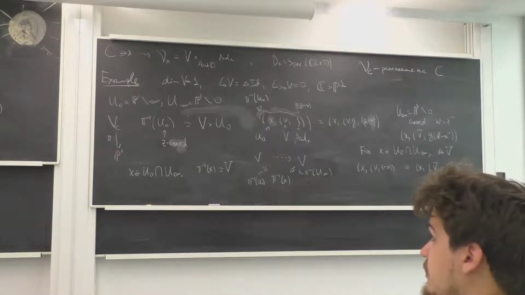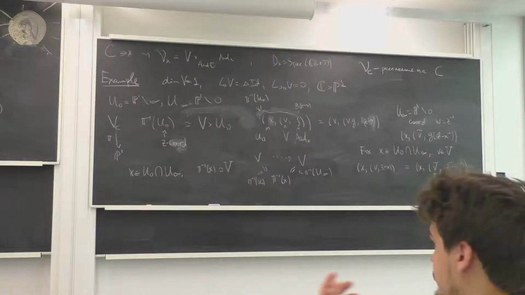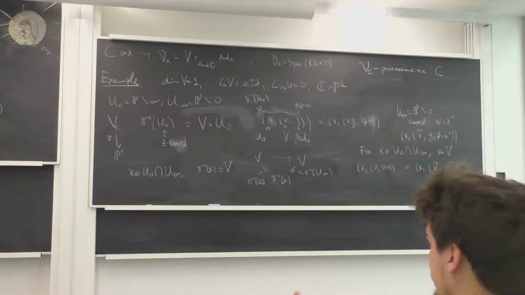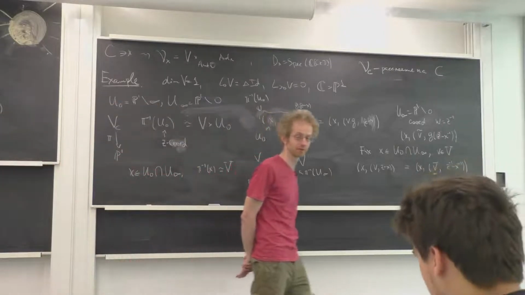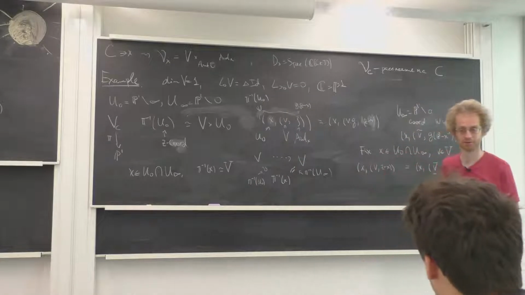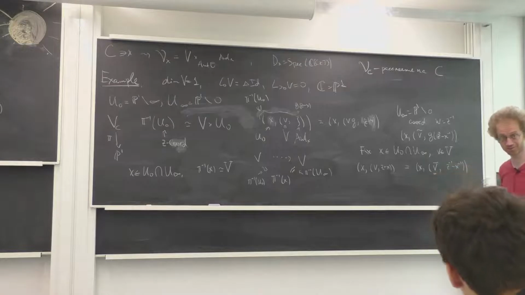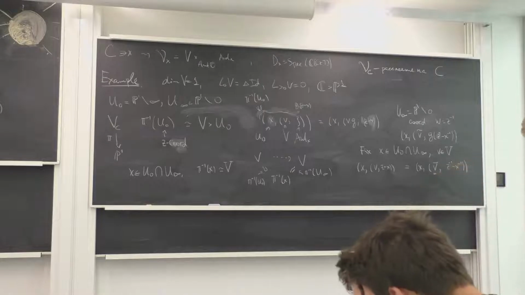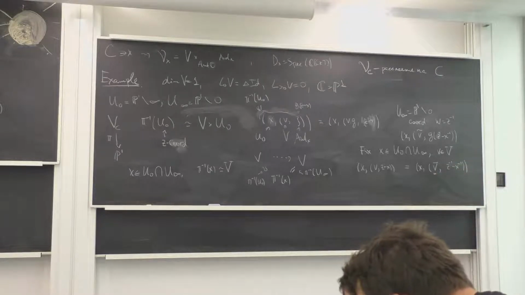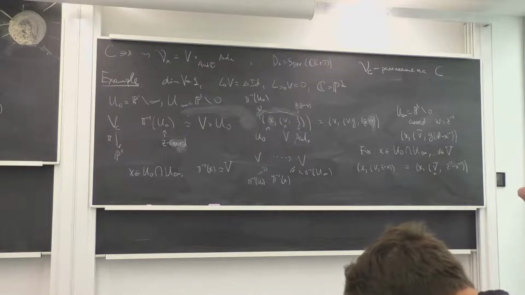G is an element from our group, and our group is Aut O. So this should be a series in z minus x. You're absolutely right. So this should be a series in this.